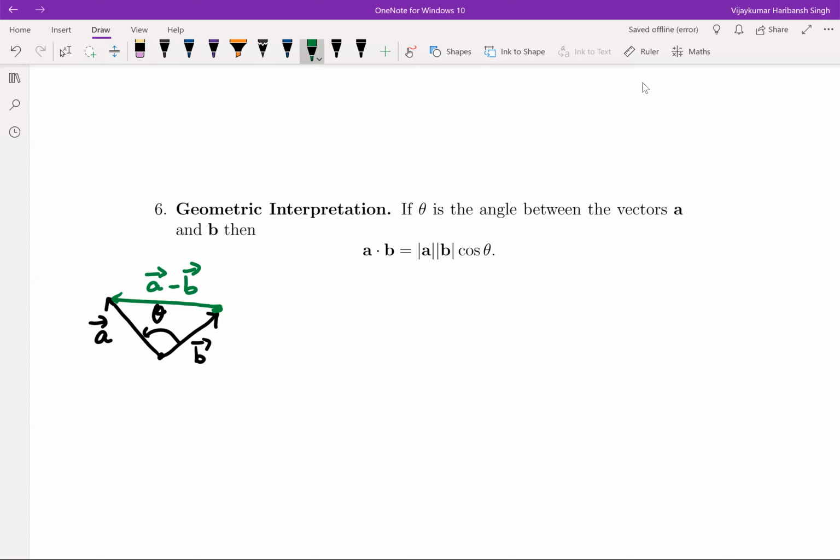So let's use the law of cosines on this. Just to label things, we call this O, let's call this point A, and let's call this point B.